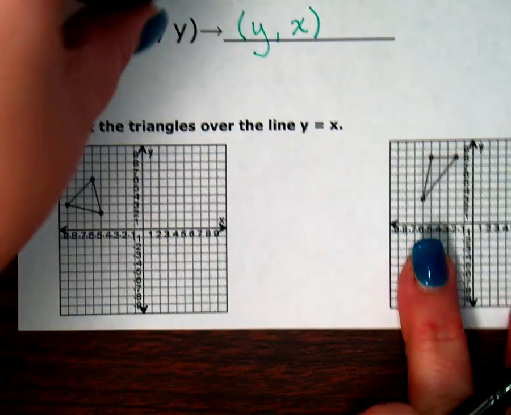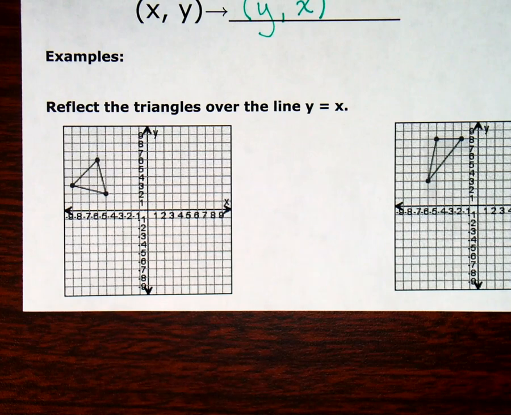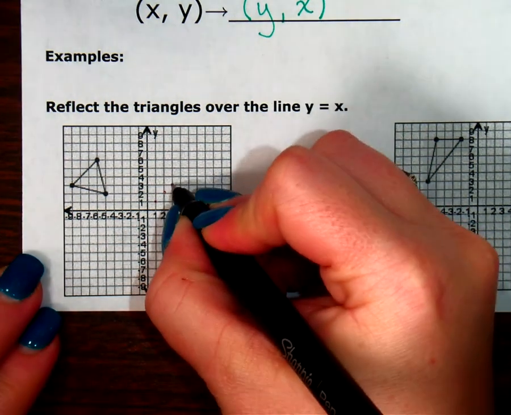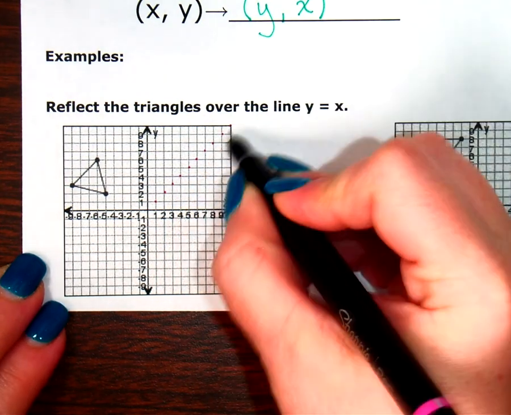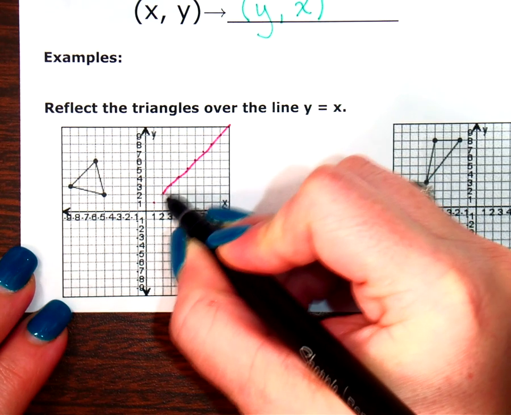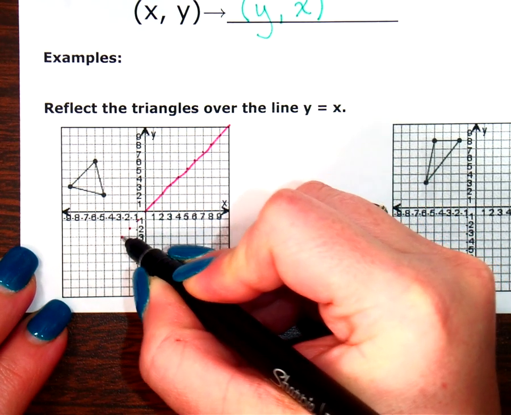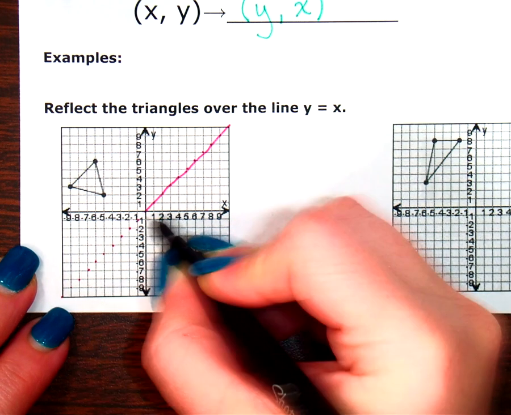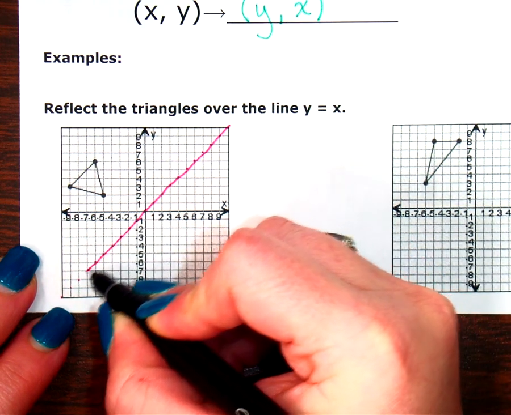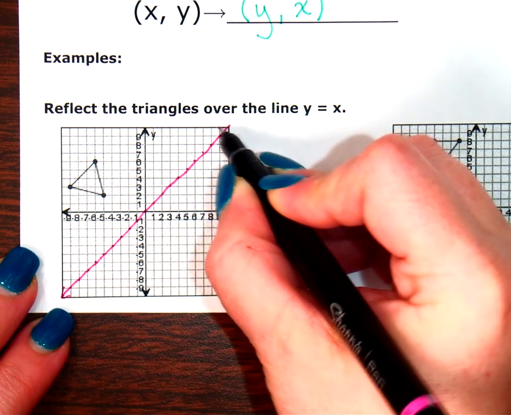Okay? So let's look at an example. Reflect the triangle over the line y equals x. Again, the first thing I'm going to do is graph that actual line. I know I'm going to be going across these diagonals. Sometimes if I put those dots there, it's a little bit easier for me to sketch a line because I have a place for my eye to go, a direction for myself.